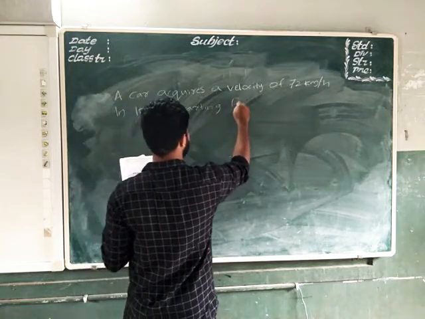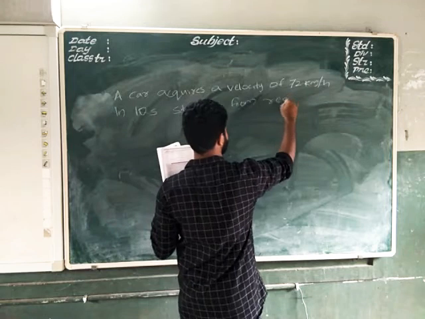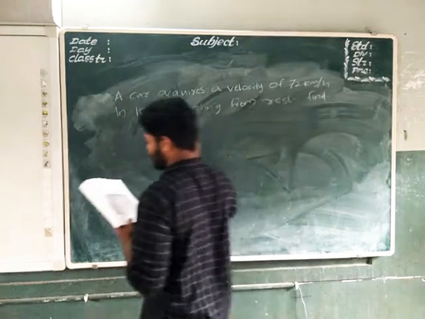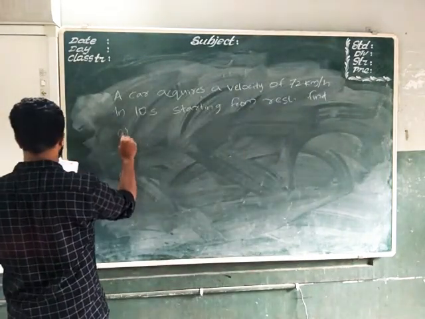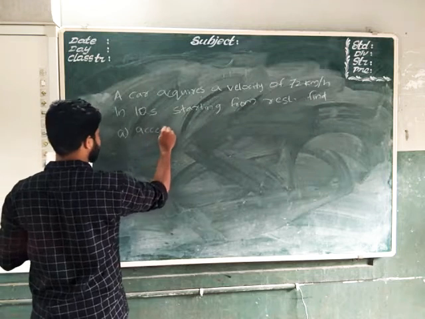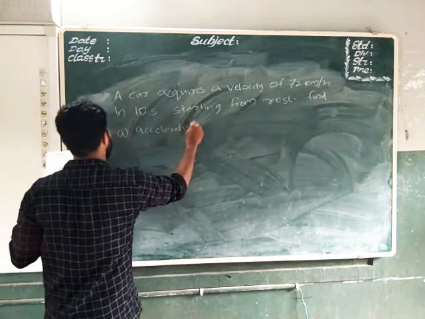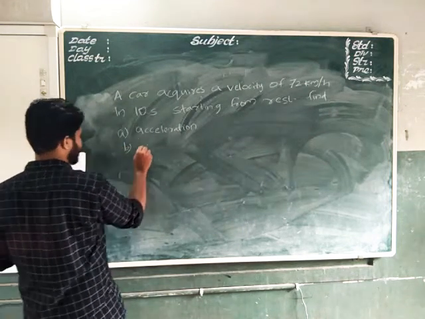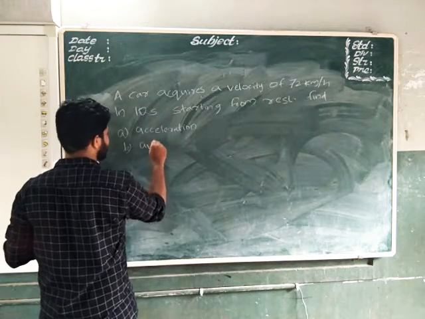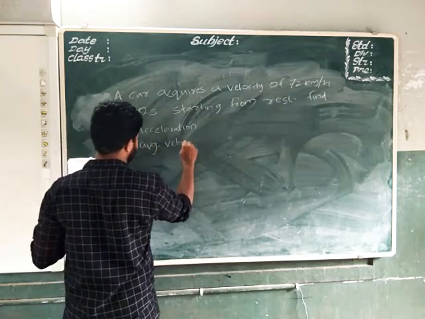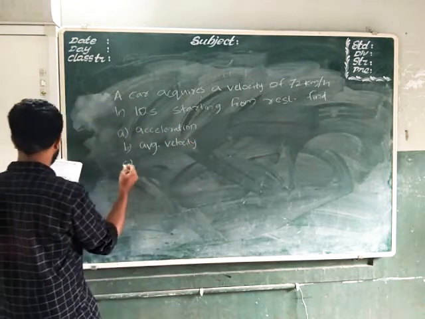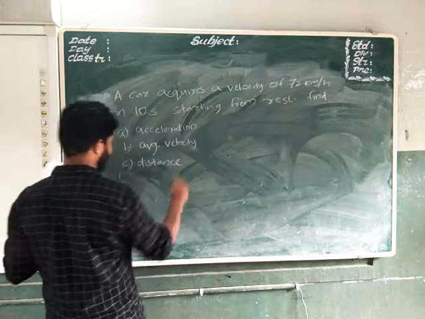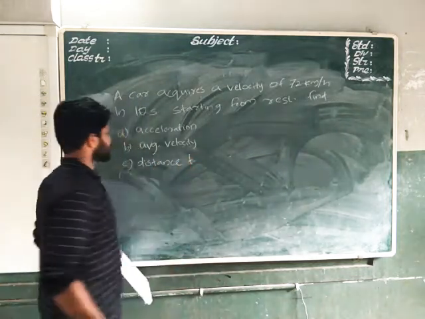Starting from rest, find A, acceleration, B, average velocity, C, distance traveled. Let me write it short. Distance traveled.